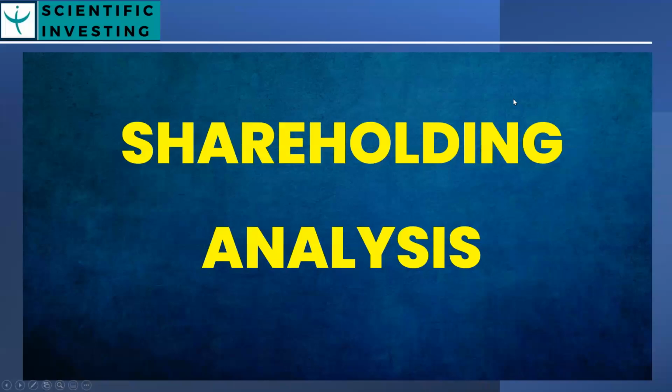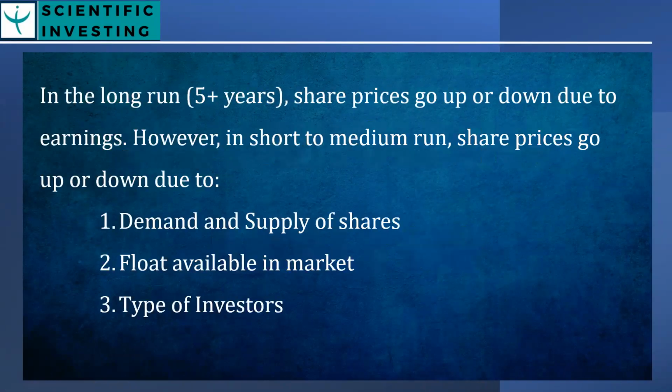The first analysis is shareholding analysis, as you requested. Why it is important is because in the long run, and when I say long run, it's a 5+ year period, share prices go up or down purely on the performance of the business and earnings.